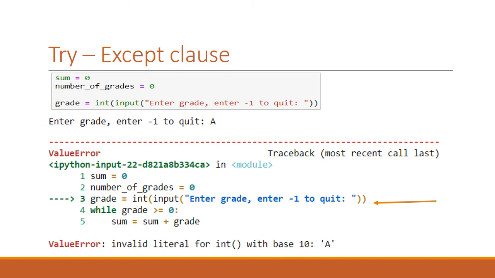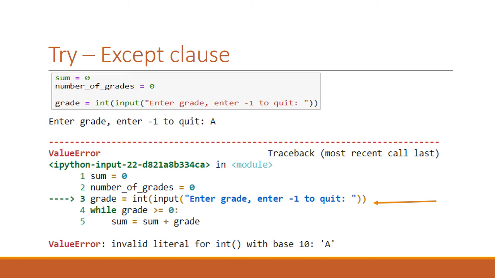So you can see the type of error message that's displayed on the screen. You can see that the type of error that was thrown was a value error. You can see that that exception was thrown on line 3, and you can see the description of the error, invalid literal for the int function with base 10.